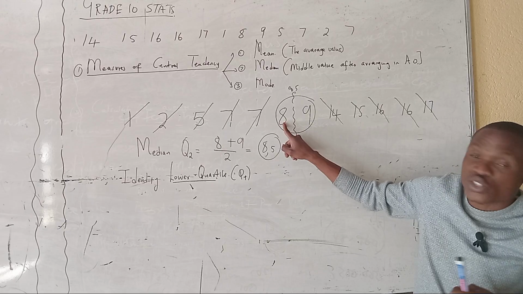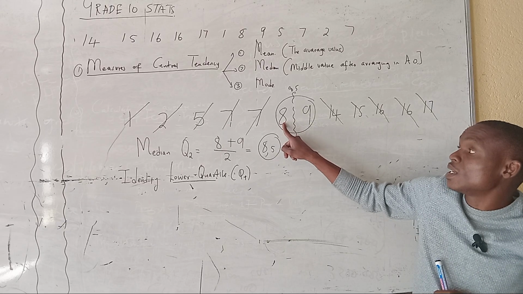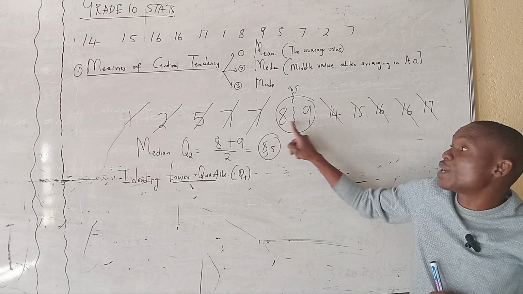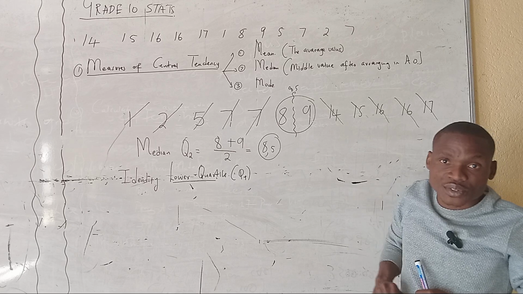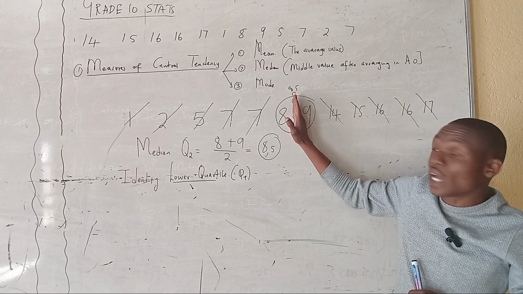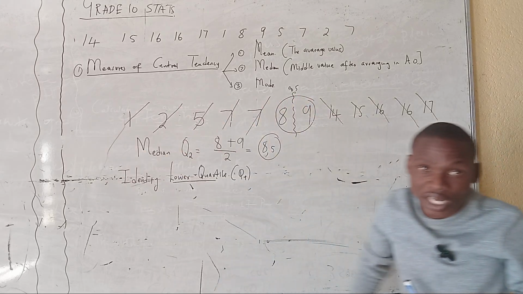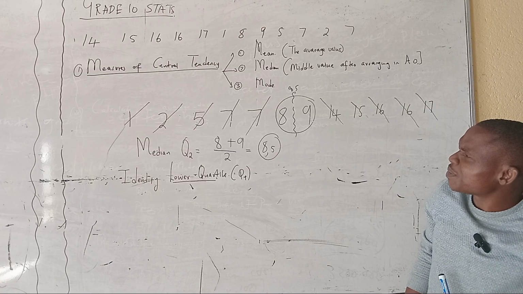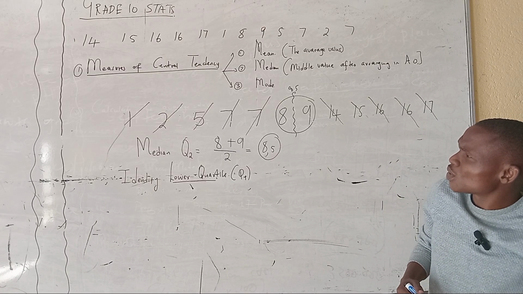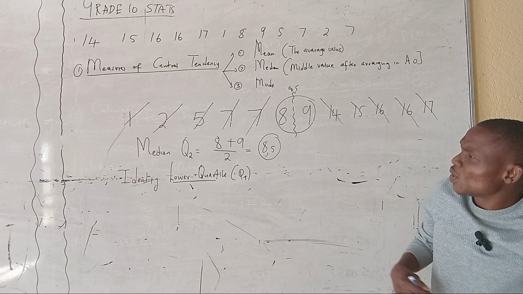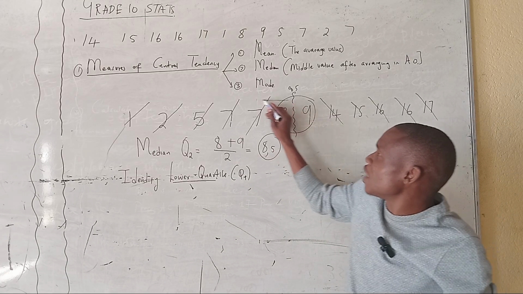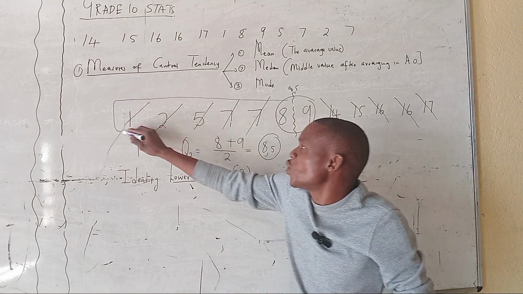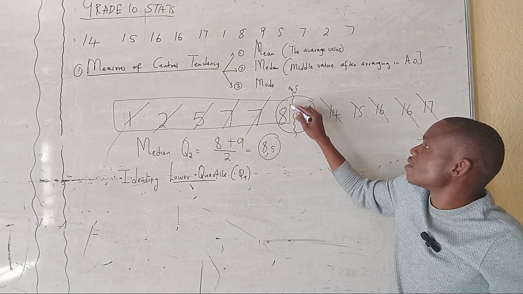Remember, 8 alone is not a median. I said the median is 8 plus 9 divided by 2, which is 8,5. So we leave the median, we take all the numbers on the left. So which one is in the median in this case?